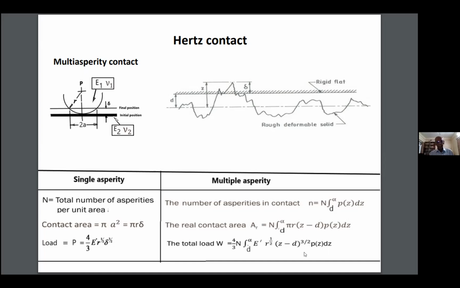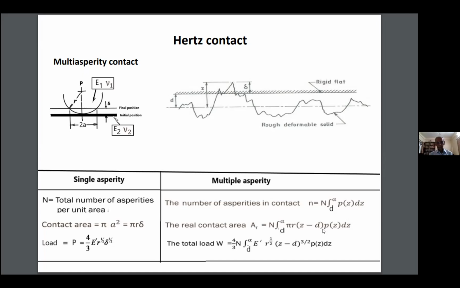So this is a slide that tells you how we can find out the total contact area, total number of asperities in contact, and the total load at any given point of loading. As the loading goes down and down, this D will change, and hence our integral value will be different.